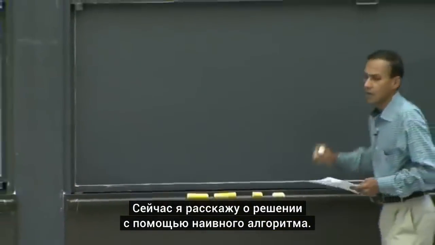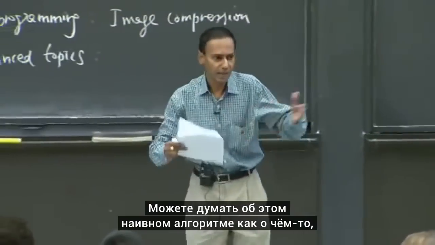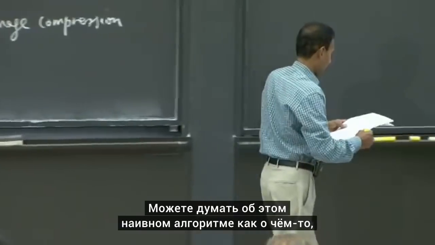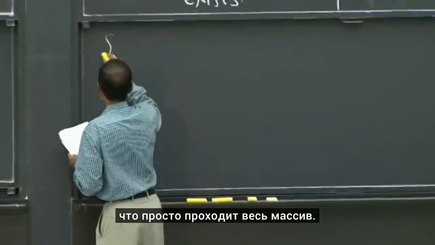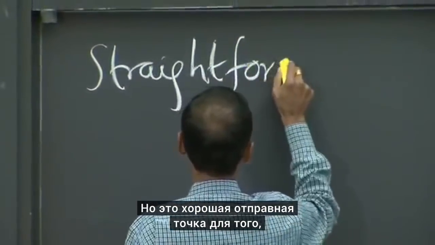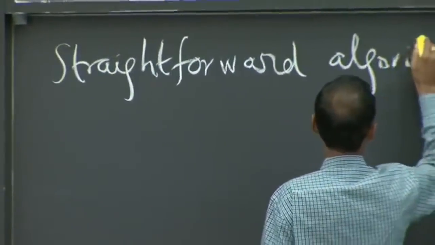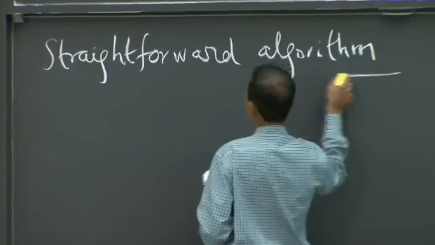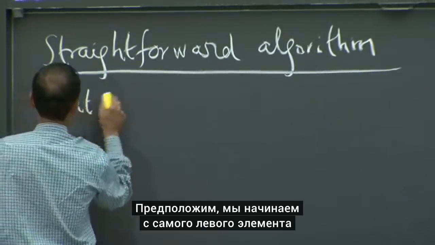I'm going to give you a straightforward algorithm, and then we'll see if we can improve it. All right? You can imagine that the straightforward algorithm is something that just walks across the array. But we need that as a starting point for building something more sophisticated. So let's say we start from left.